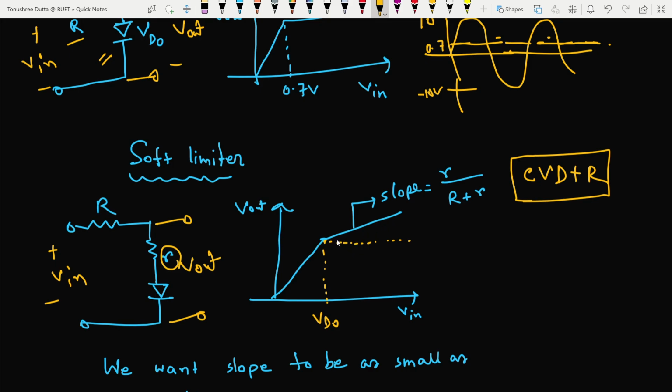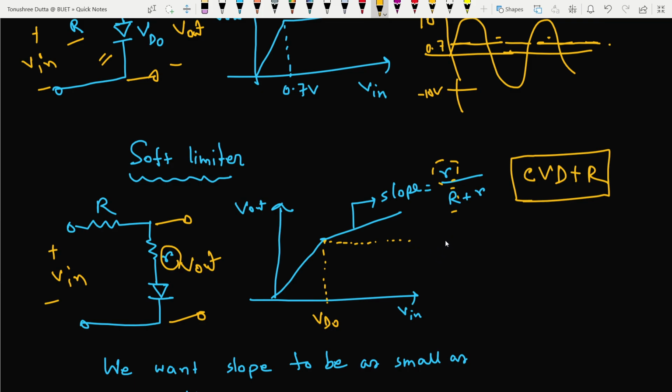We get a line with the slope of small r divided by capital R plus small r, where small r is the equivalent resistance of the diode and capital R is the input resistance of this circuit, which we are going to see in future also plays some role in regulation, but not now. This slope indicates that we are not getting hard limiters, we are getting soft limiters.